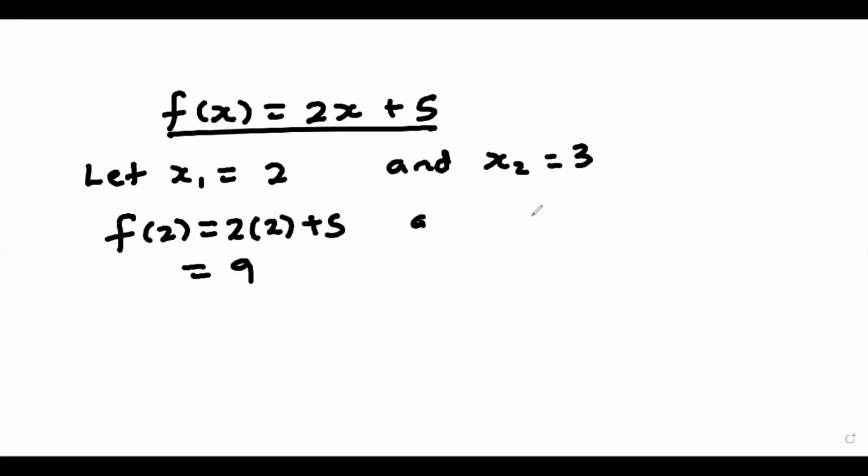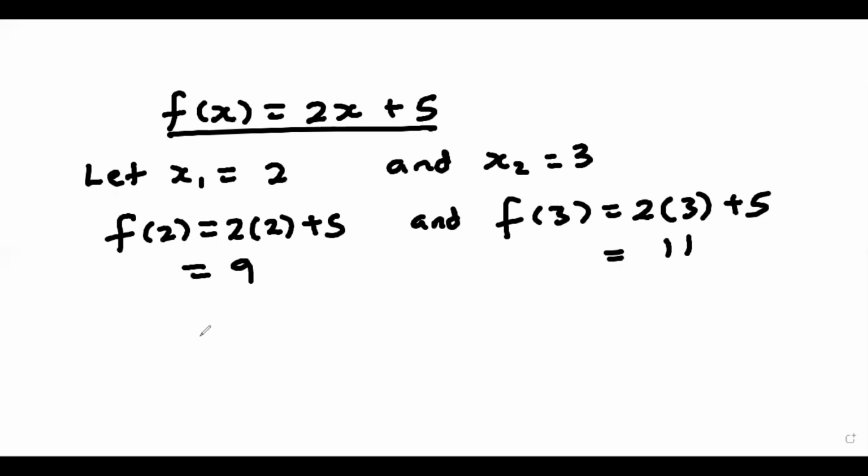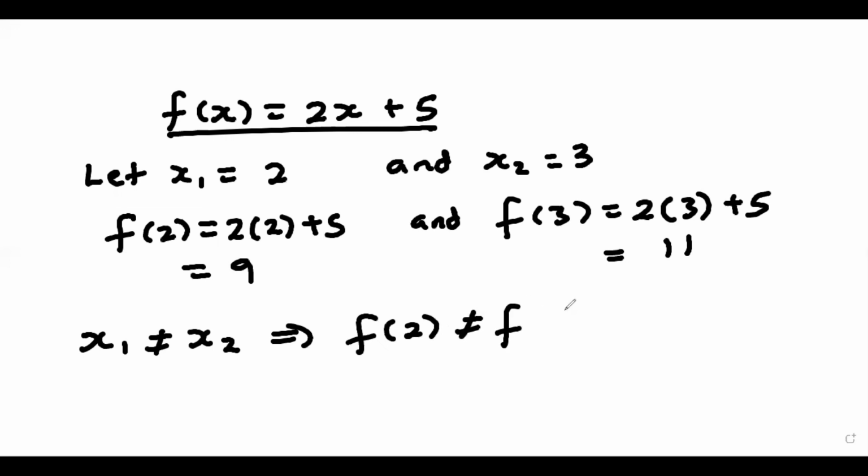And f of 3 is equal to 2 times 3 plus 5, which is equal to 11. So as you can see here, x1 is not equal to x2, and that implies that f of 2 is not equal to f of 3. That means it is injective.